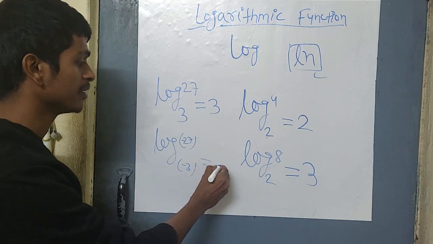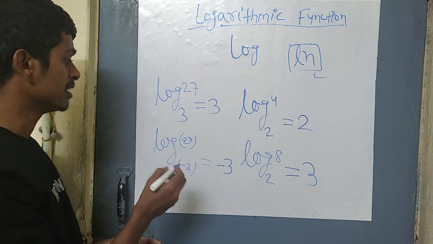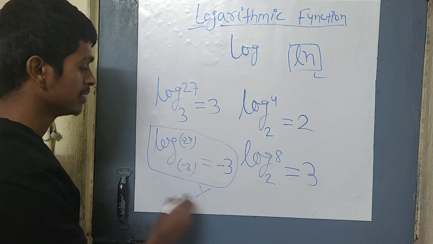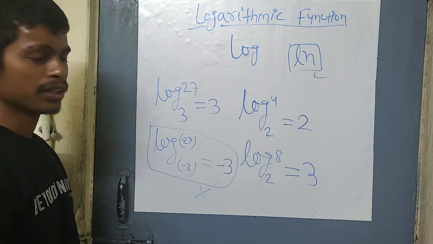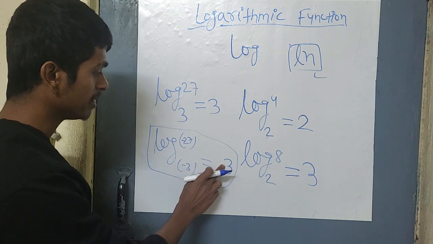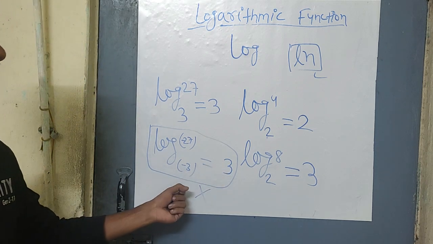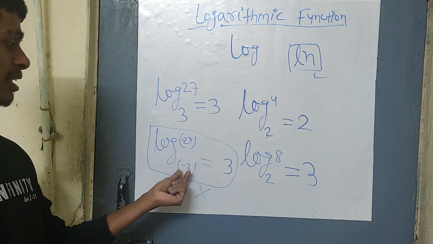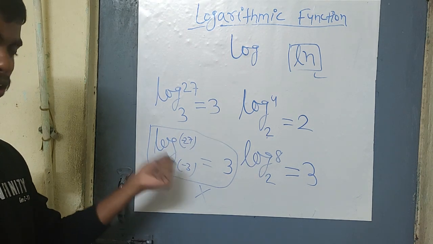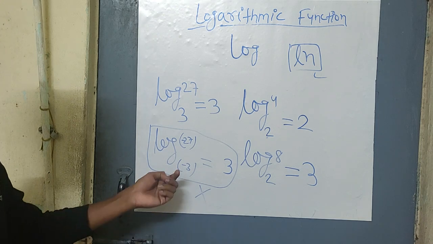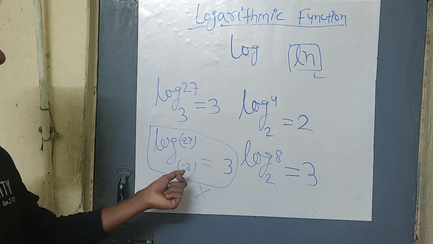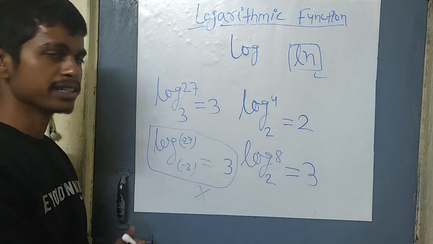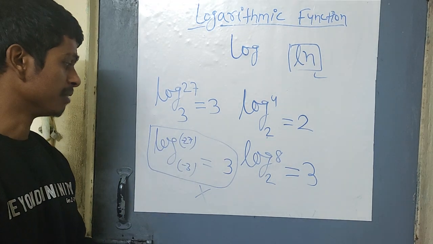So logically there should be a value of 3. But this case is not possible because we have taken a negative argument and a negative base. So it is a case of domain. We will discuss later in the domain case why we can't take a negative argument or negative base.